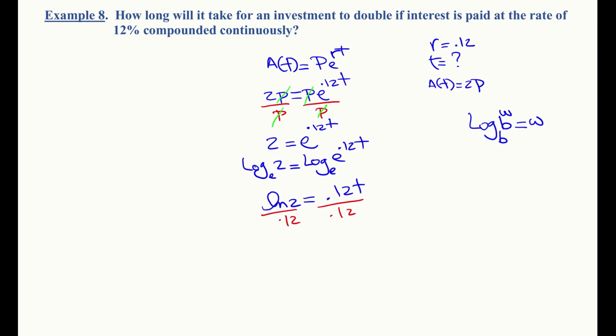And we get t is equal to ln of 2 over 0.12. Now, of course, we want to know what that time is, so that doesn't give us much indication, so we'll go ahead and calculate that.